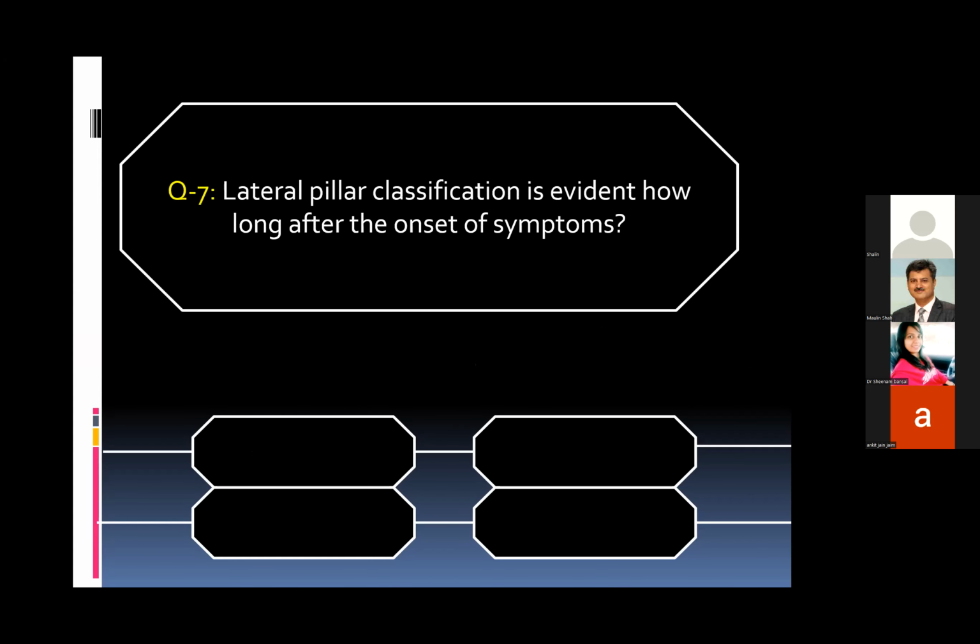Lateral pillar classification is evident how long after the onset of symptoms? That is 6 months. I was not aware of this, but 6 months. Basically that might be a little longer, because stage 1A is where there is just AVN, and 1B is AVN with reduced height of the capital femur.